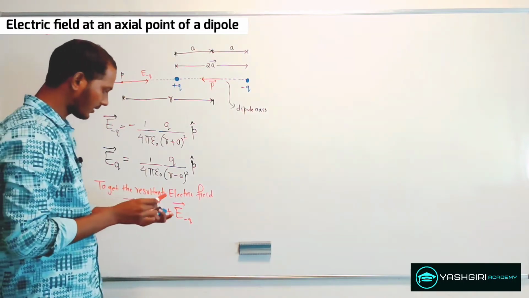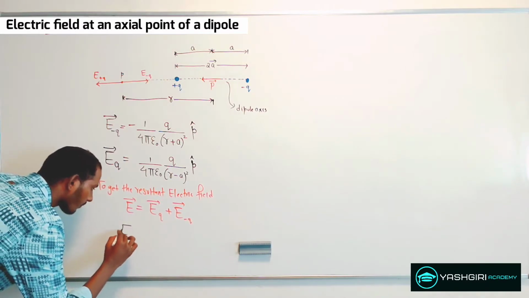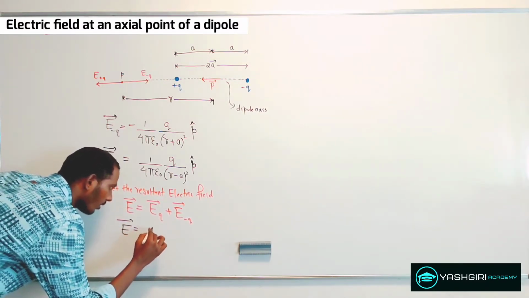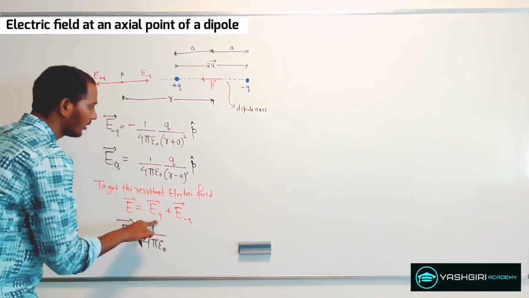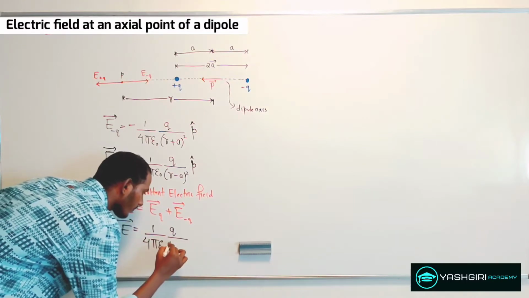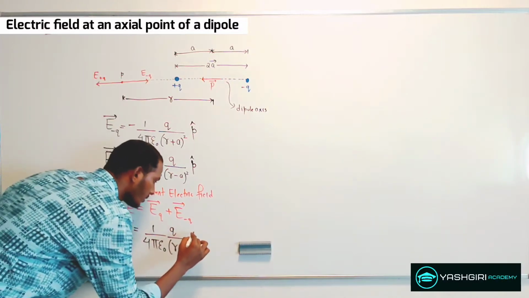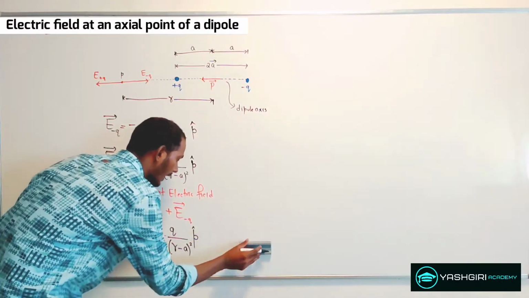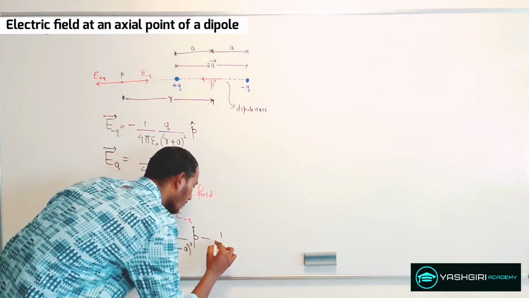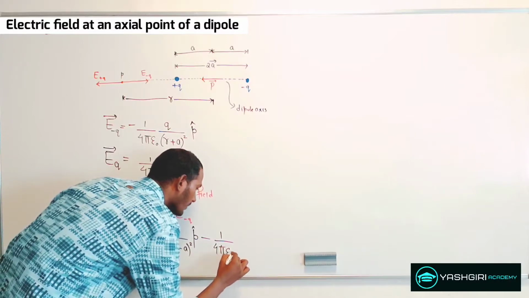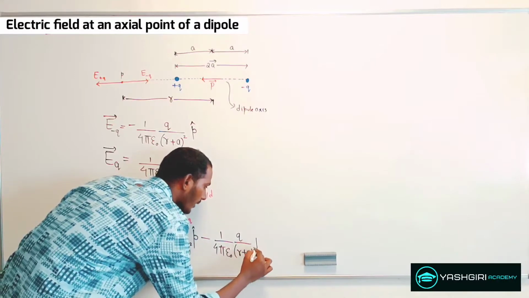And when I add this, what I get is vector E equal to 1 upon 4 pi epsilon naught, q upon (r minus a) square into the p cap, and here it will come with a negative sign, into 1 upon 4 pi epsilon naught, q upon (r plus a) square into the p cap.